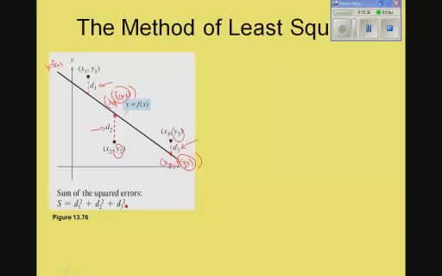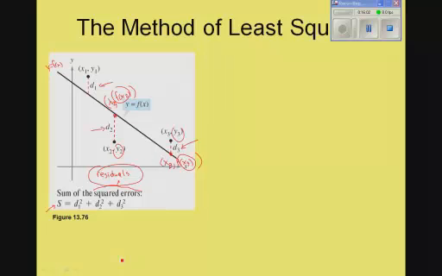Okay? And we add up those squares, and we call that number, well, who cares what we call it? Your book calls it S, the sum of the squared errors. By the way, a lot of times you will see these squared errors sometimes called residuals. That's a word you'll see again at some point.